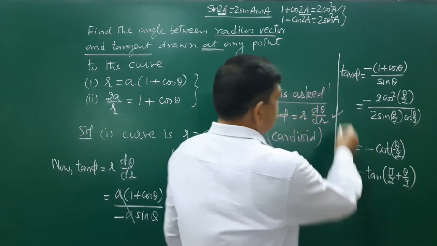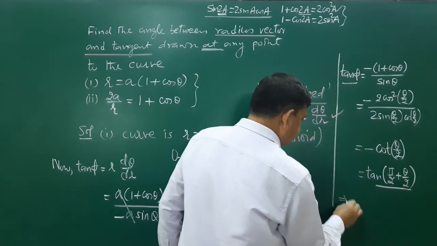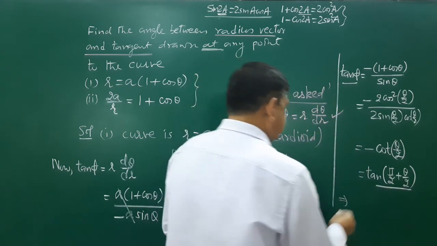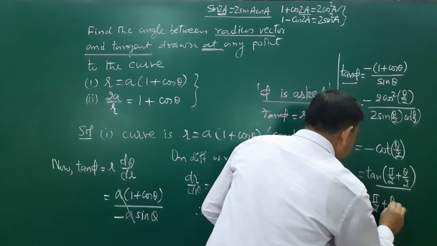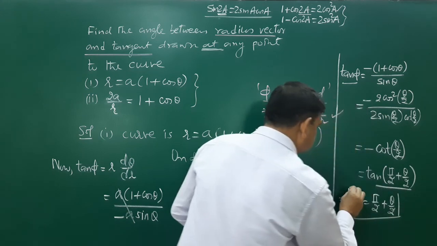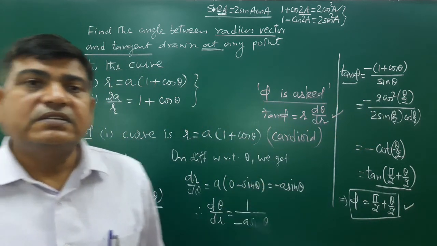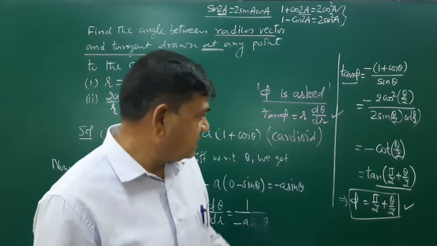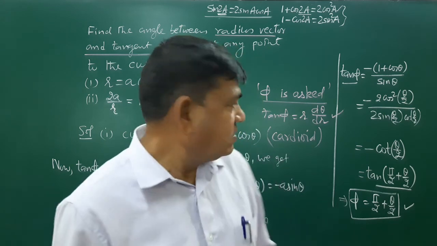So tan phi equals this one. So this implies phi equals pi by 2 plus theta by 2. So this way we can find the angle phi. It is given by pi by 2 plus theta by 2.